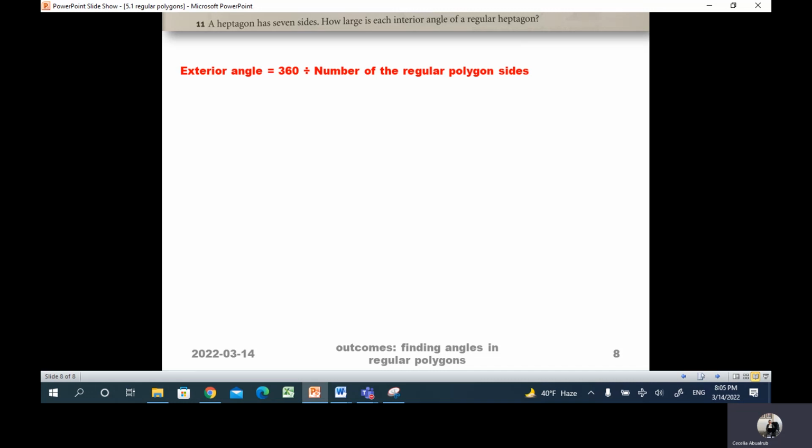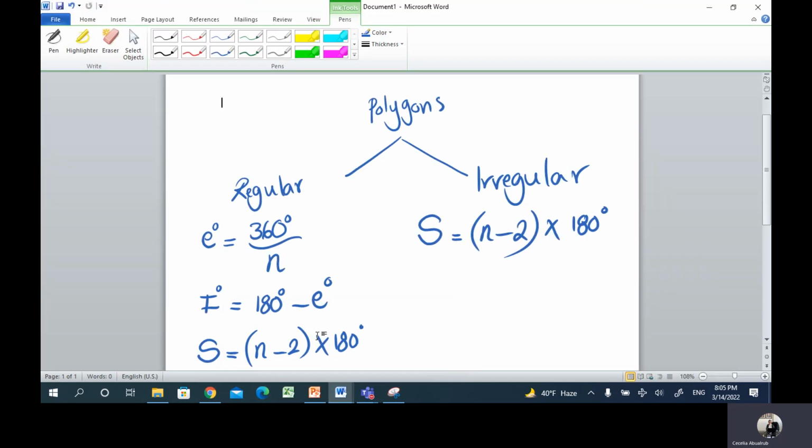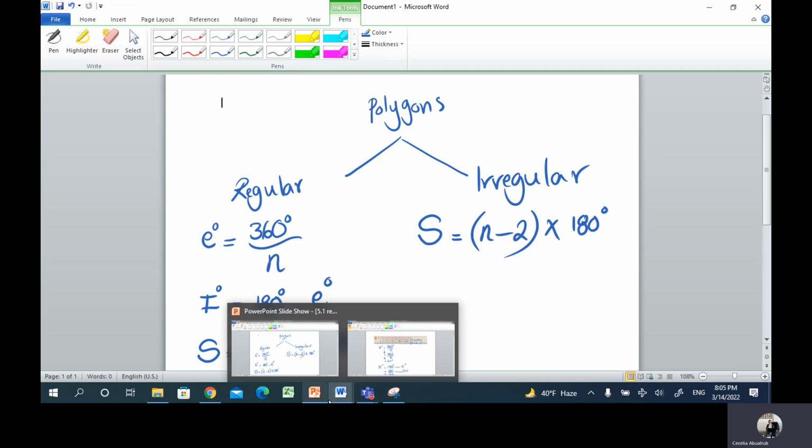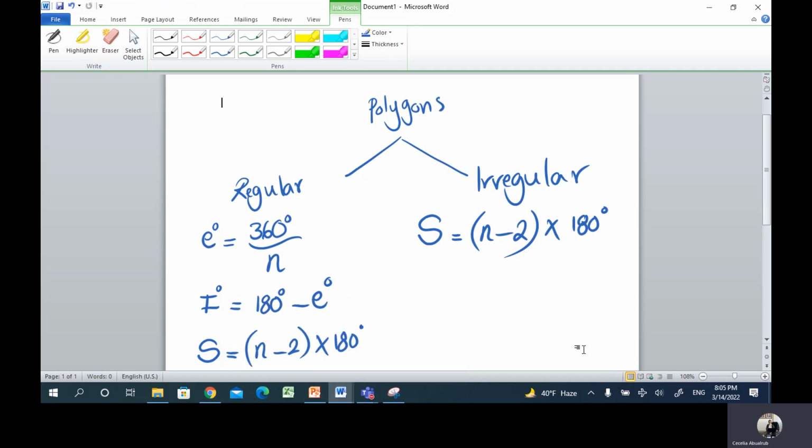N is given in this question, which is the number of sides. And since it's a regular polygon, then there are 2 rules that I should rely on, right? Which are E is equal to 360 over N and I is equal to 180 minus E.